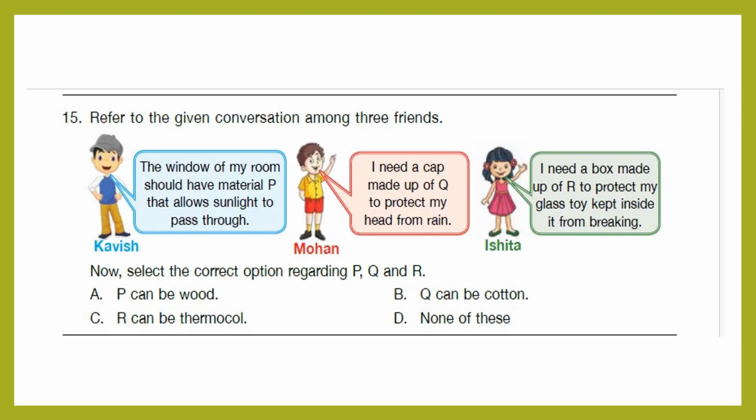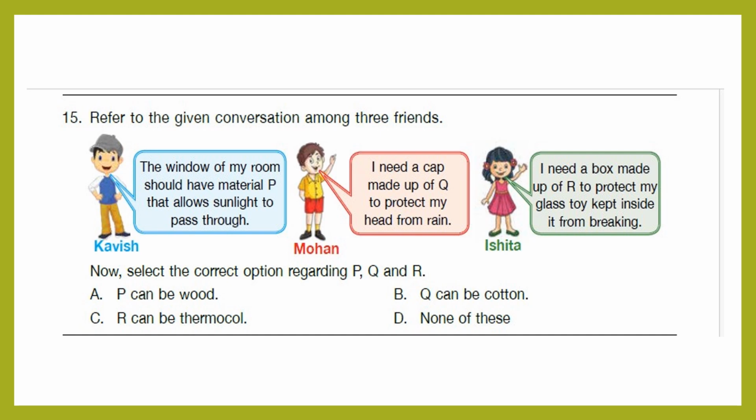Question number 15. Refer to the given conversation among three friends. Kavish said, the window of my room should have material P that allows sunlight to pass through. Mohan said, I need a cap made up of Q to protect my head from rain.